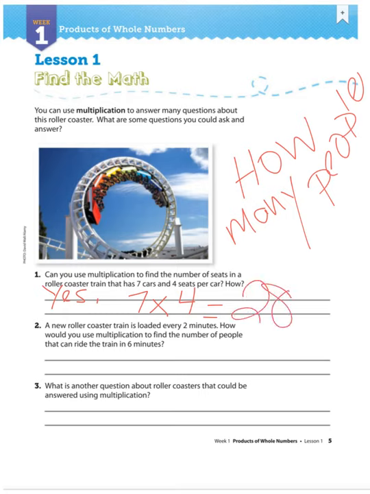Number 2 says, a new roller coaster train is loaded every 2 minutes. How would you use multiplication to find the number of people that can ride the train in 6 minutes?